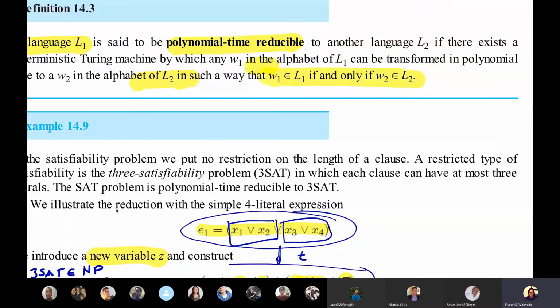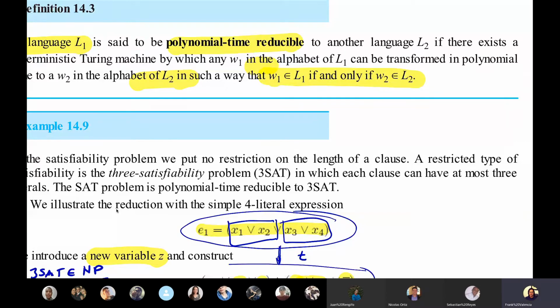W1 is in the language of L1 if and only if W2 is in the language of L2.